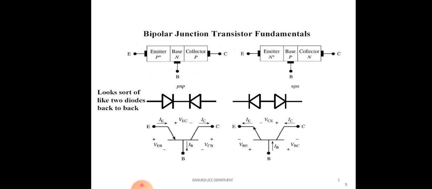We cannot replace the transistor by using a diode. Okay, so you can observe here the symbol, the current flowing symbol. In the PNP transistor current flows inside, and in the NPN transistor current flows outside. That is represented by this arrow mark.